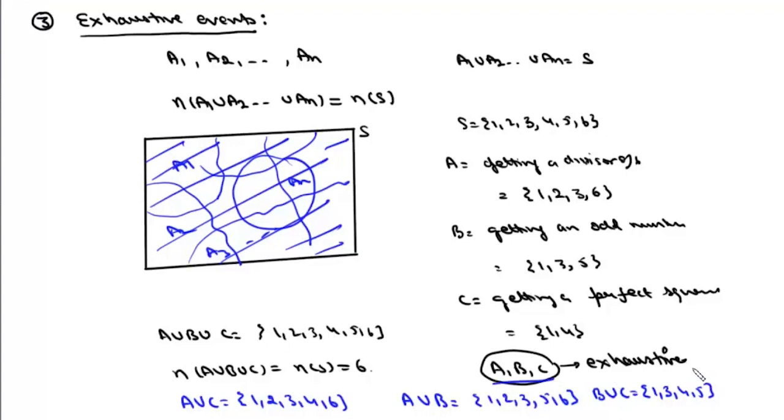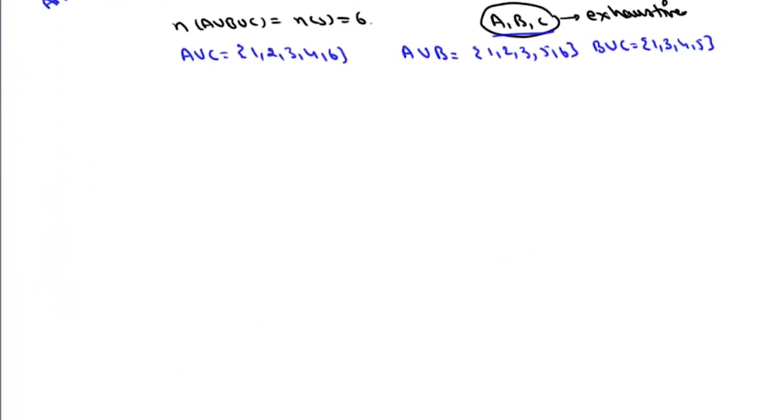If I ask whether A, B, C are mutually exclusive, A intersection B is 3, B intersection C is 1, and A intersection C is 1. So they are not mutually exclusive. These three events A, B, C are exhaustive, but they are not mutually exclusive. Now, together with the second and third, we can define this fourth one, which is mutually exclusive and exhaustive.